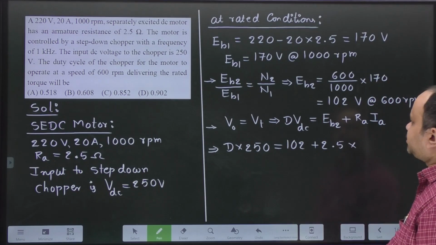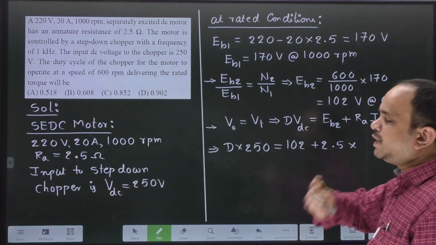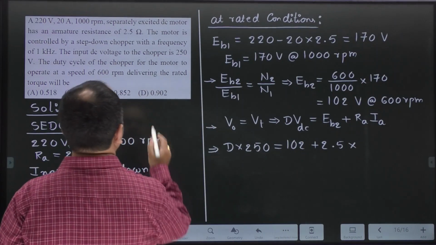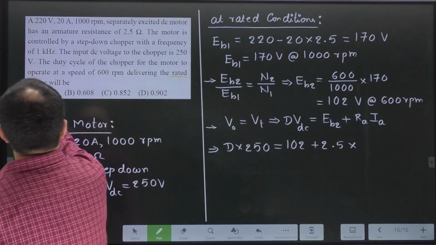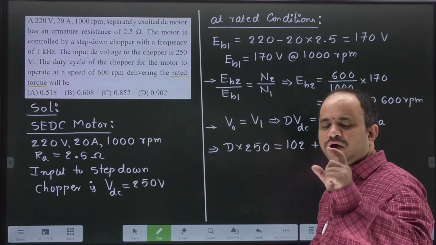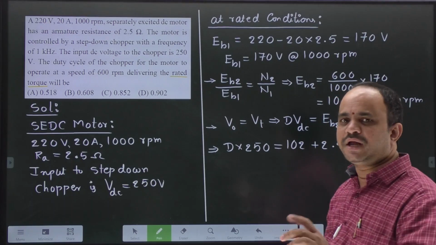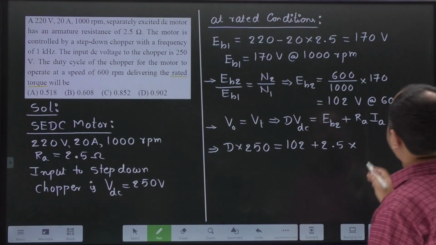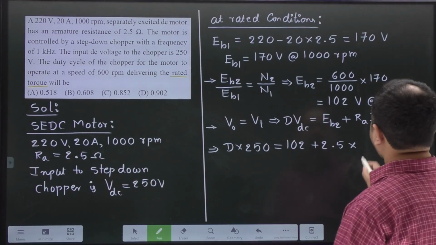into, now here the question is, what should be armature current? Here it is mentioned clearly that when the machine is delivering rated torque, as the torque is rated value, armature current will also be rated value. Therefore, I can simply take rated armature current, that is 20 ampere.